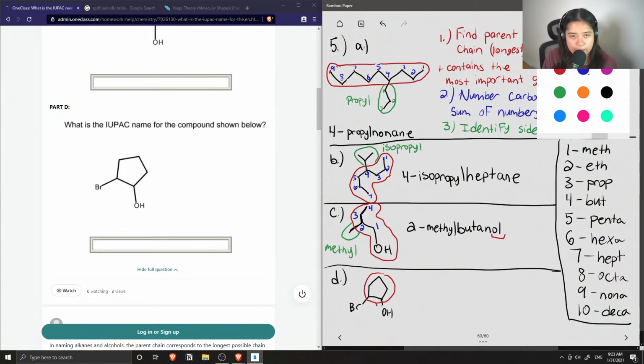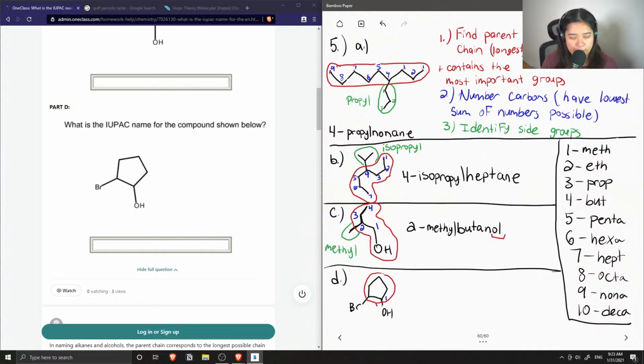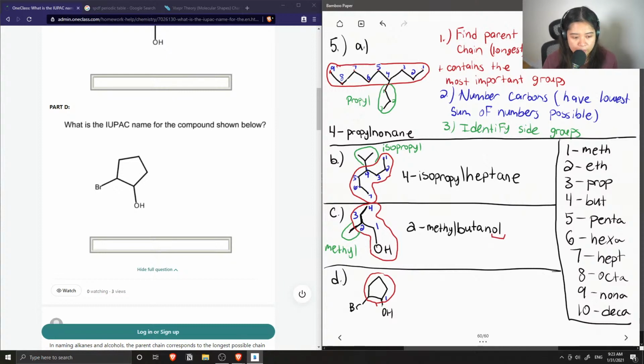And we know that when we have the alcohol, it would be considered carbon 1. And when we want to have the lowest numbers possible in the end, I know if I go counterclockwise, then the bromine would be on carbon 2 as opposed to carbon 5. So I'm going to start numbering, going here.